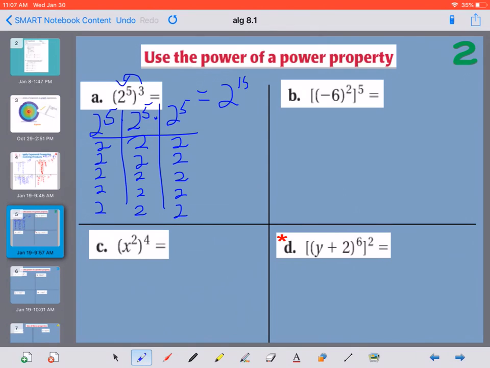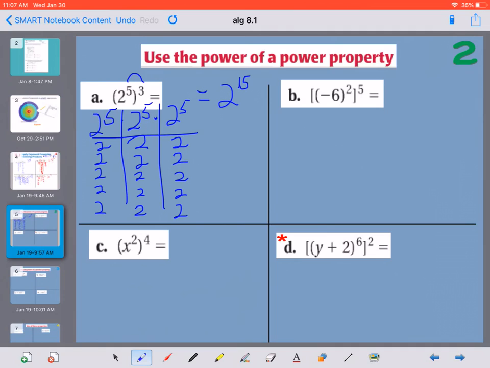So 2 to the 15th power. Now some of you may have noticed that we could have just taken this 3 times the 5 and got 2 to the 15th. Yes, that would work. I'm just showing my work here, and you're going to need to show your work as we go along here.